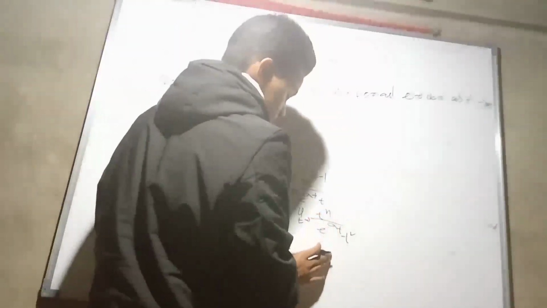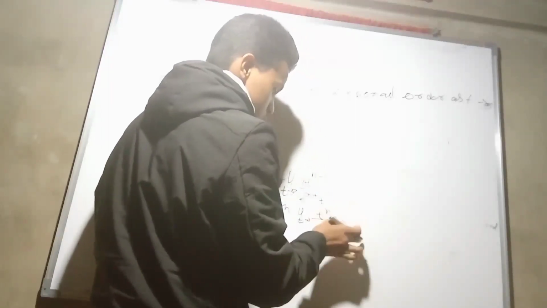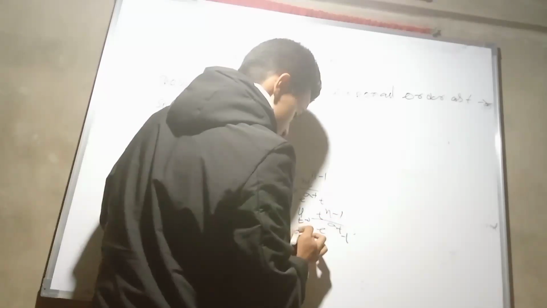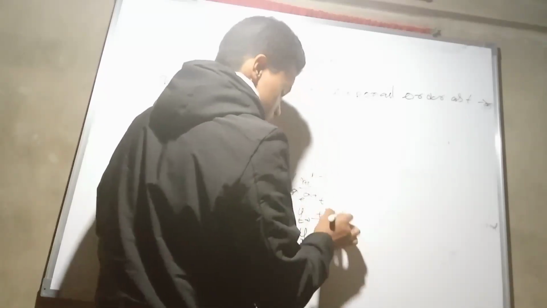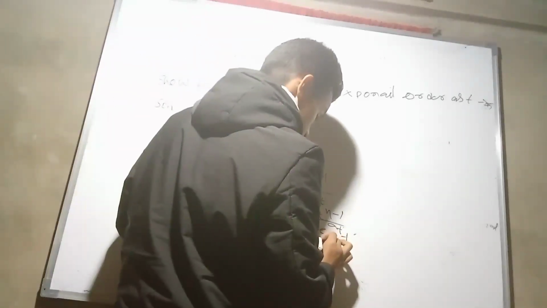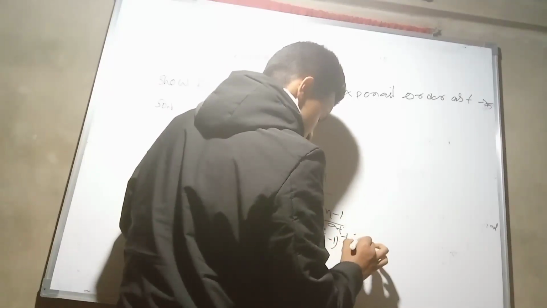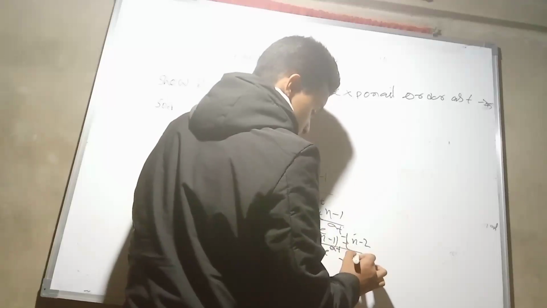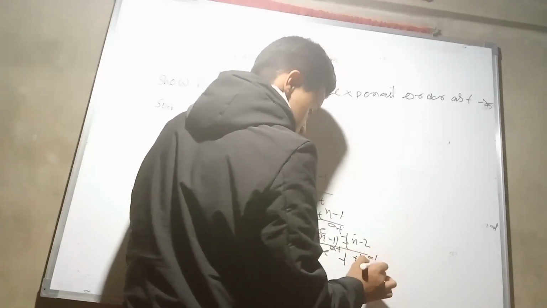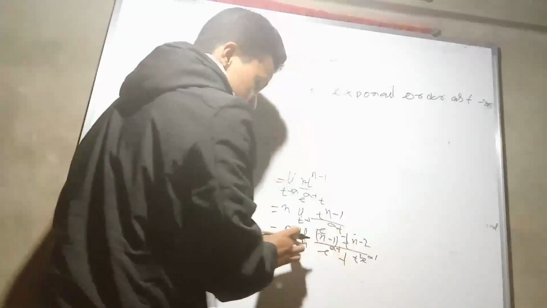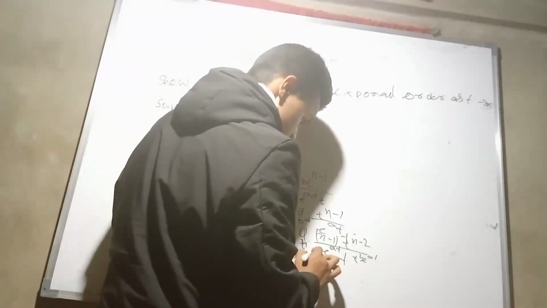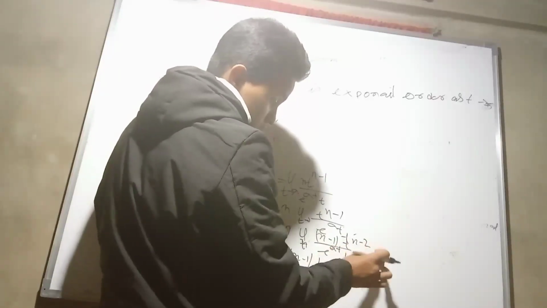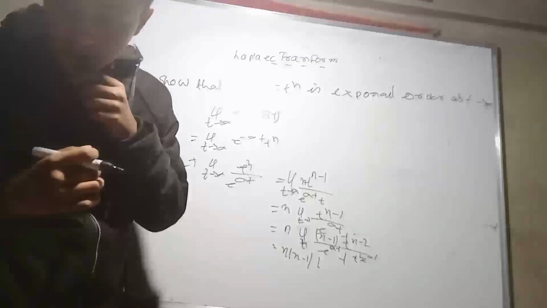Now we use it again, which gives us infinity by infinity. So n(n-1) t^(n-2) upon sigma squared e to the power sigma t. Now we can take n(n-1) common outside, and when we put the value t as infinity, that will give us the same form.